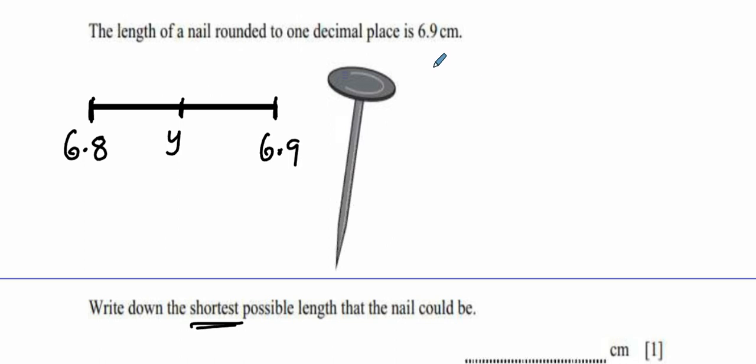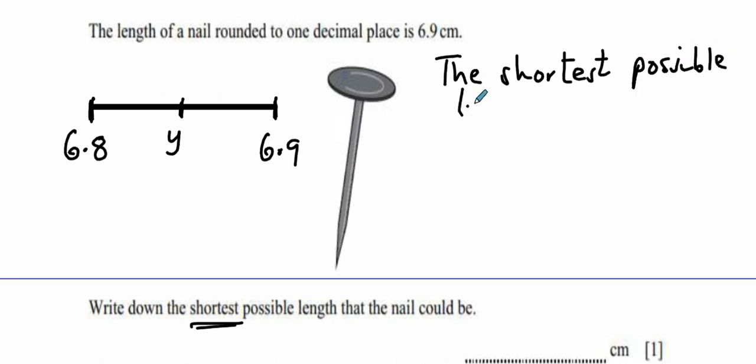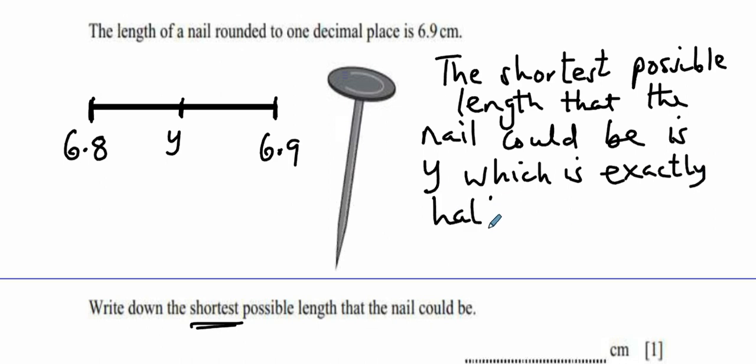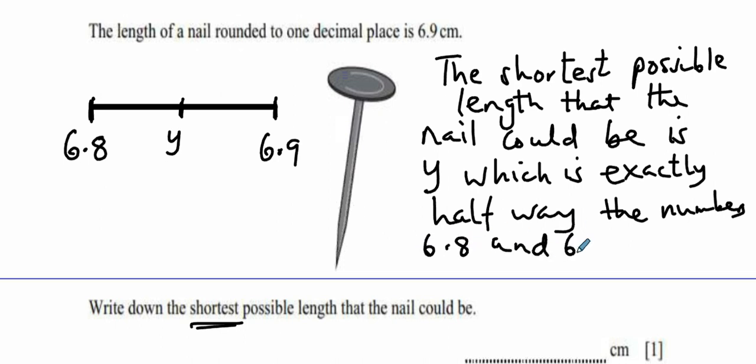So here we say the shortest possible length that the nail could be is y, which is exactly halfway between the two numbers, 6.8 and 6.9.